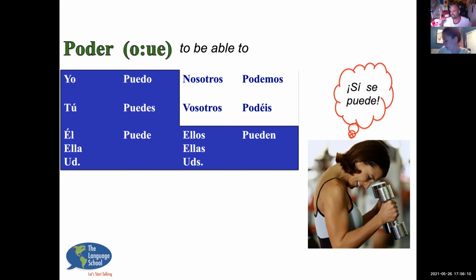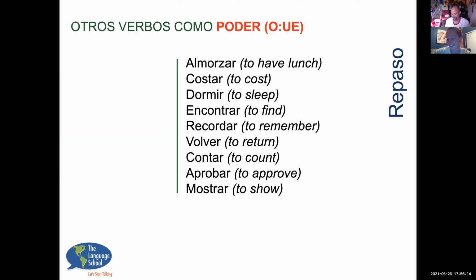She's over here saying, sí se puede, like, yeah, we can do it. Okay, so other verbs like this would include almorzar, costar, dormir, encontrar, recordar, volver, contar, aprobar, mostrar. ¿Sí?